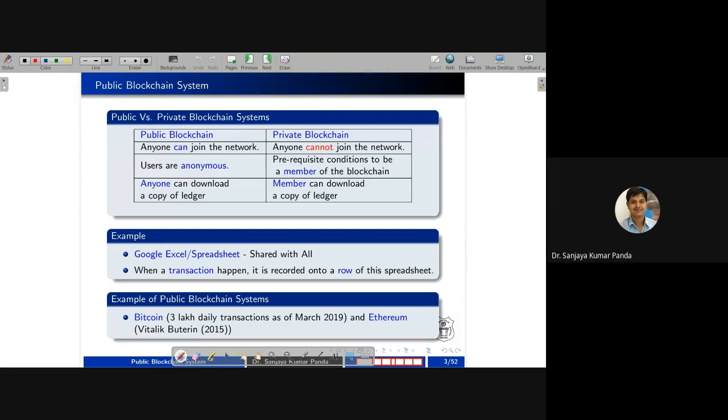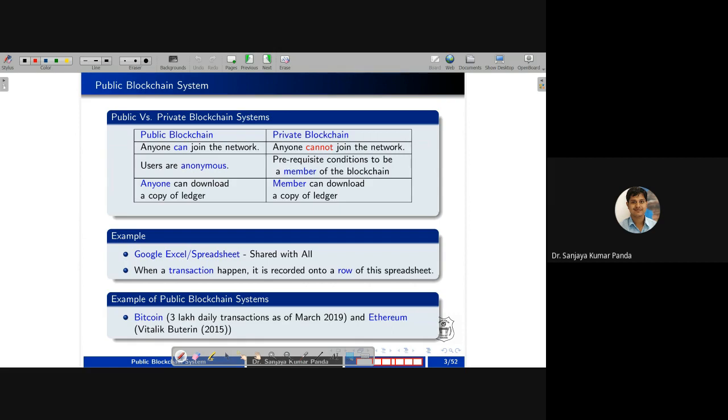So we can say in a public blockchain system, users are anonymous and one user may not be aware of another user. Since anybody can join, security is a major concern. Malicious people can join the network. Although the distributed ledger is going to protect us, a malicious user can also join the network.